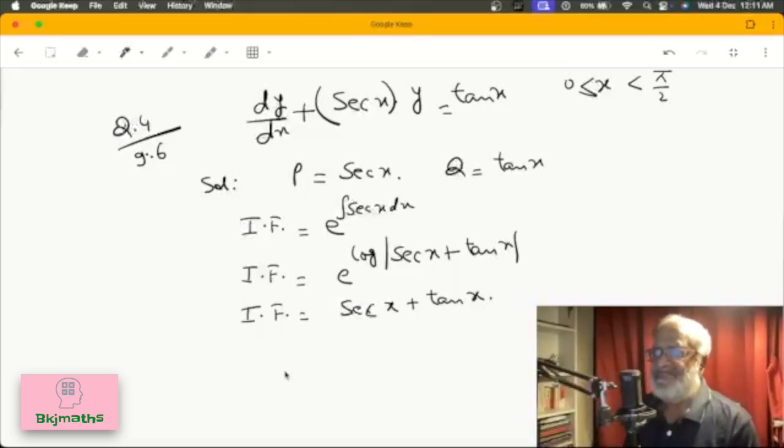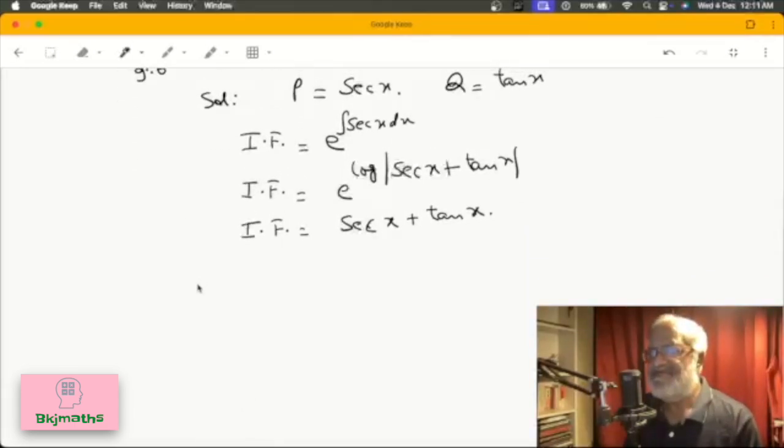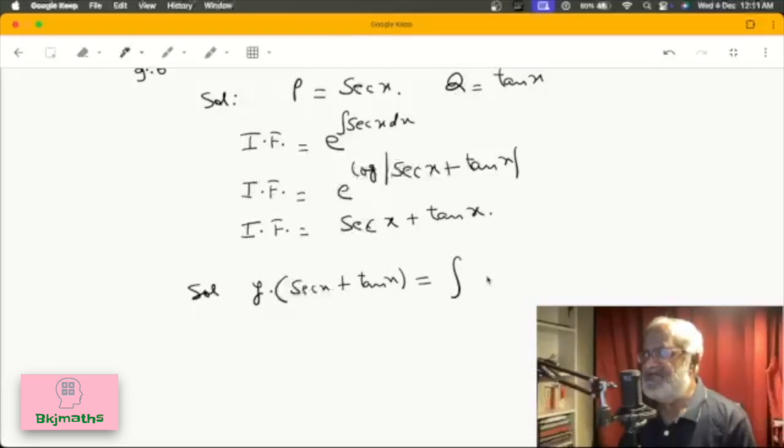Now step third, find the solution. So the solution of the equation is y into integration factor, that is sec x plus tan x, equals to integration q, our q is tan x, into integration factor, that is sec x plus tan x, dx.